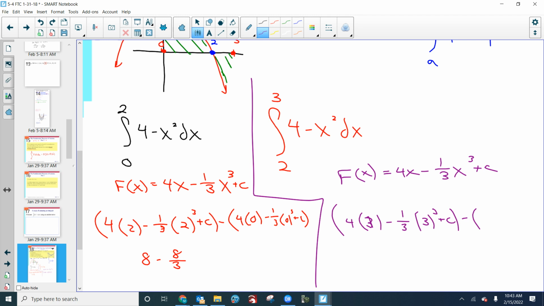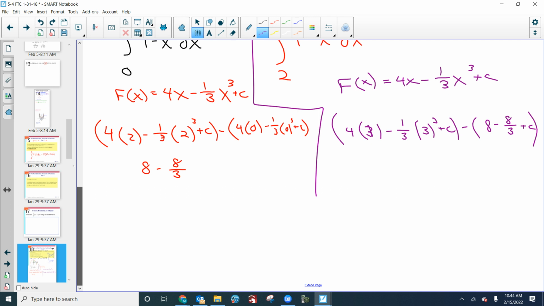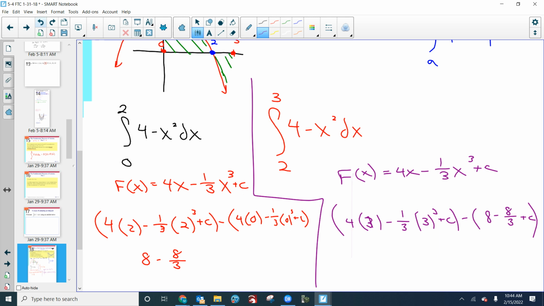Do you agree? All right. So we get 12. 12 minus, is that a cubed? Yeah, 27/3 minus 9 plus C minus 8 plus 8/3.